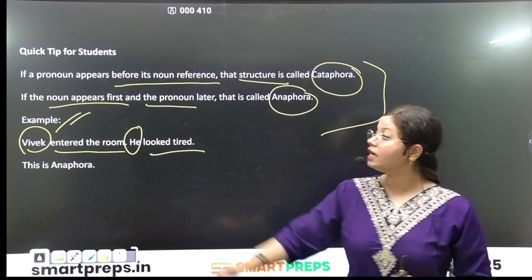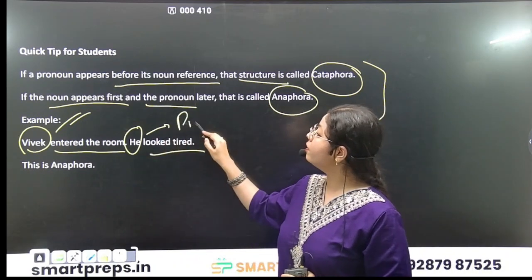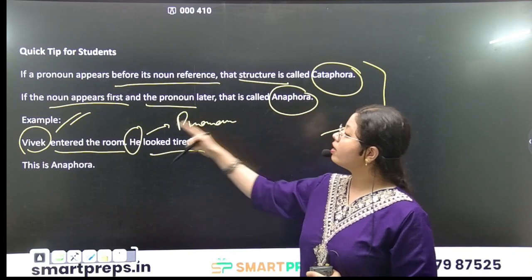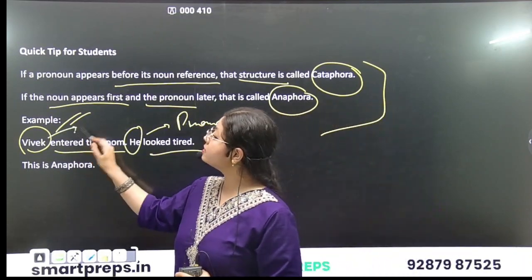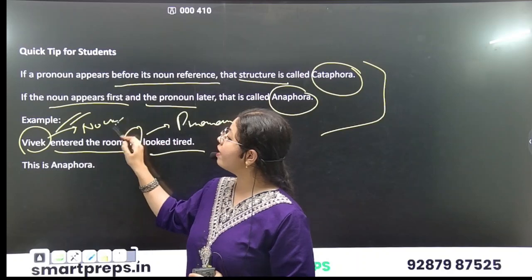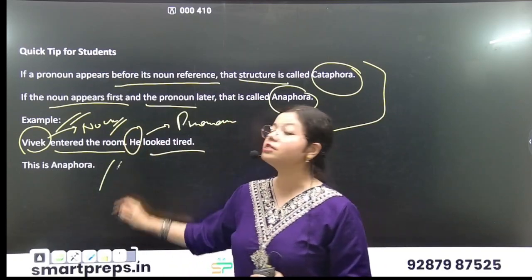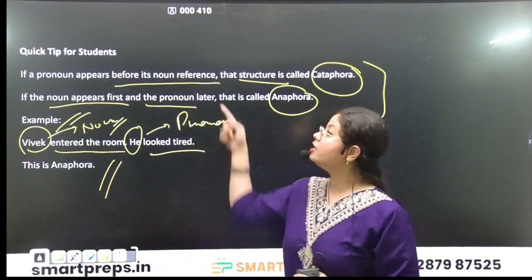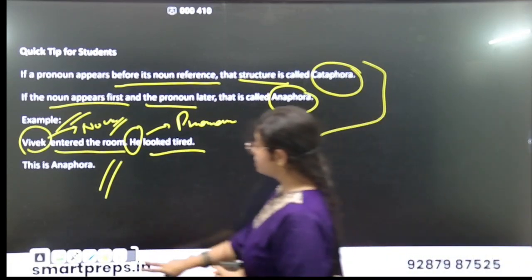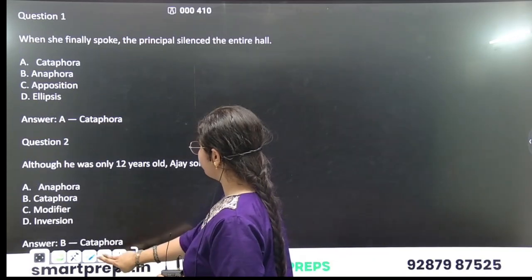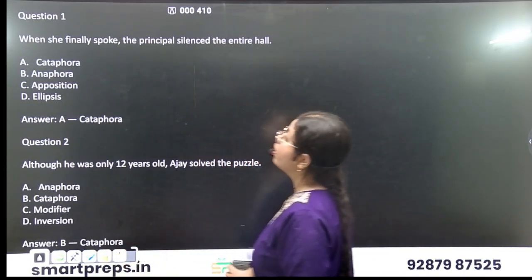Now can you see he is the pronoun here, placed later in the sentence, and Vivek is the noun which is placed in the very first place. So this is called anaphora, which is the reverse structure of cataphora.